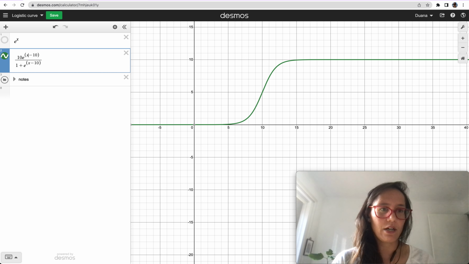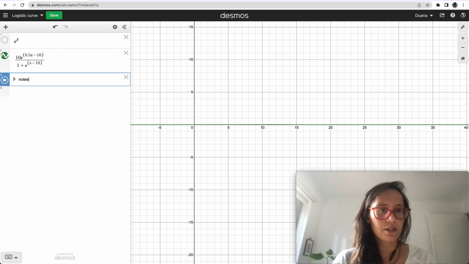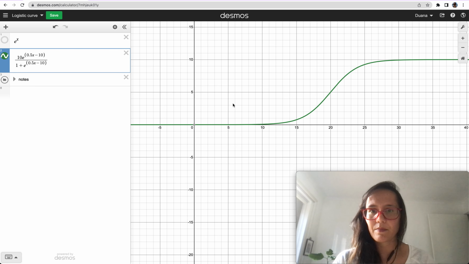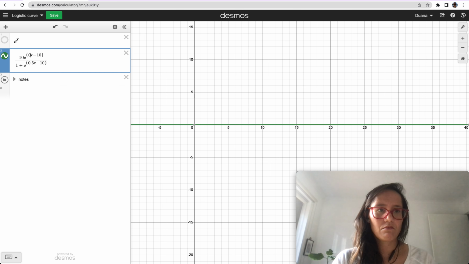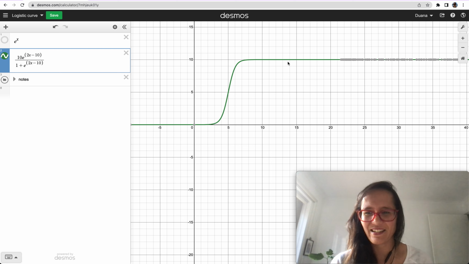I can put a factor out in front of the x to make it shallower, so I'll make it 0.5x. If I wanted to make it steeper, I just go the other way. I make it like 2x instead of half x. And now, bang, there's a very quick explosion to being saturated.